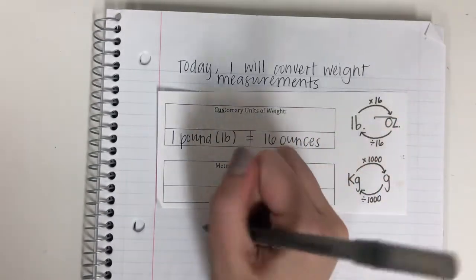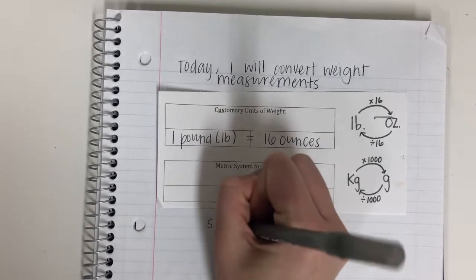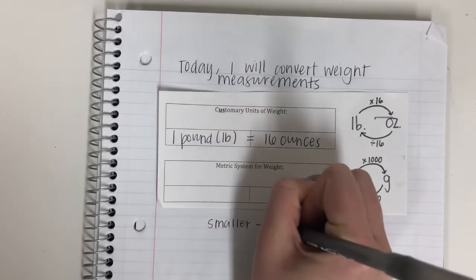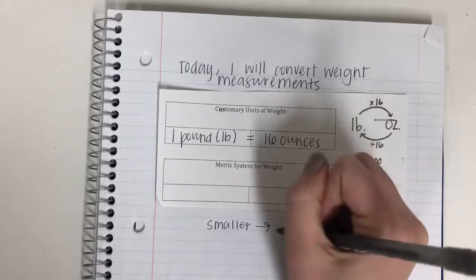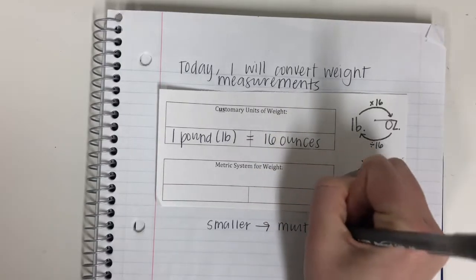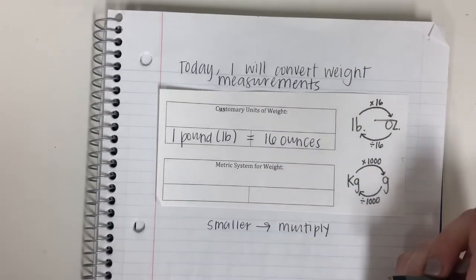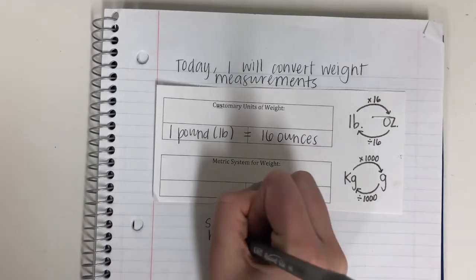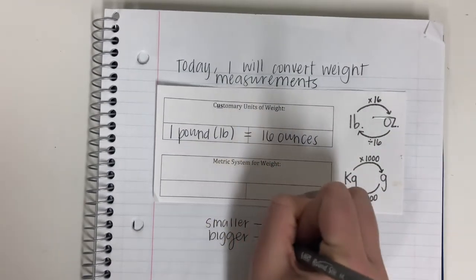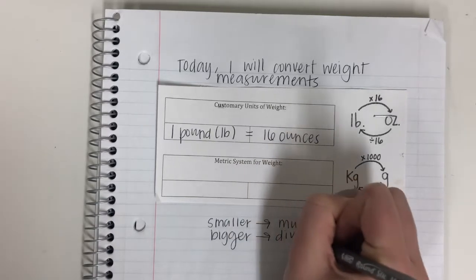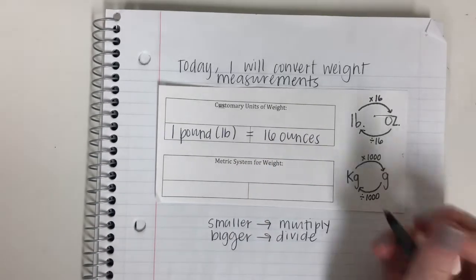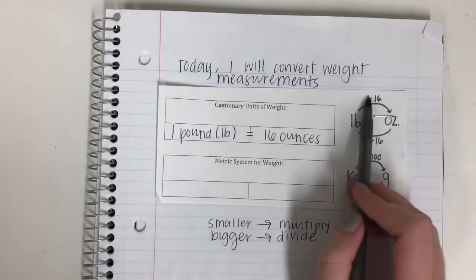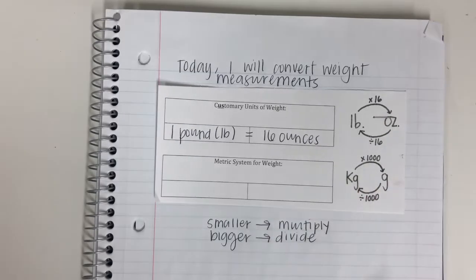Remember what we learned, that when we go to a smaller unit of measure, we multiply. And when we go from a smaller to a bigger, we divide. So there's 16 ounces in a pound, so that's why we're working with this number 16.